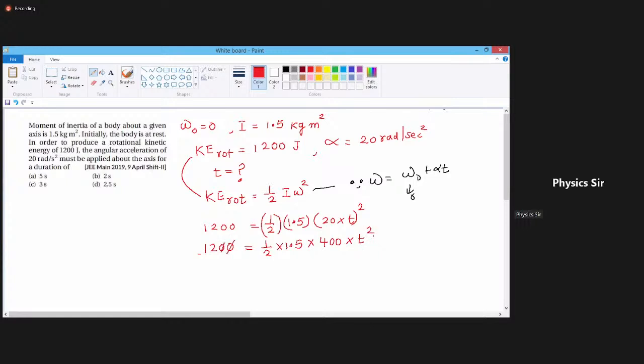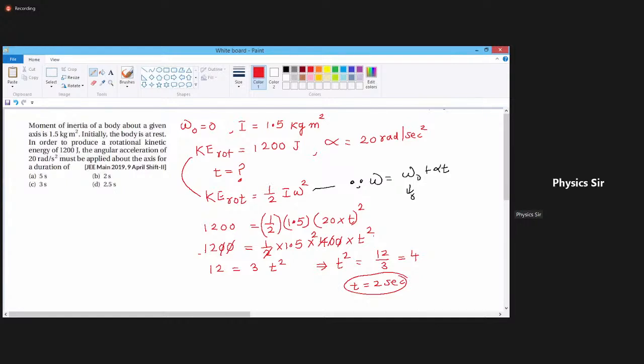So this 0 gets cancelled. 4 by 2 is 2. It is equal to 1.5 into 2 is 3 into t square. Therefore, t square will be 12 by 3, which is 4. Or this t will be 2 second. I hope you have understood.